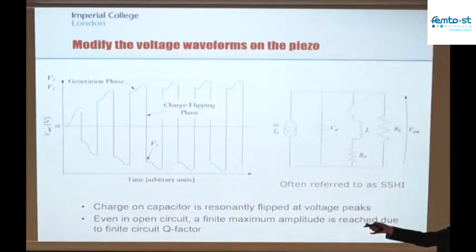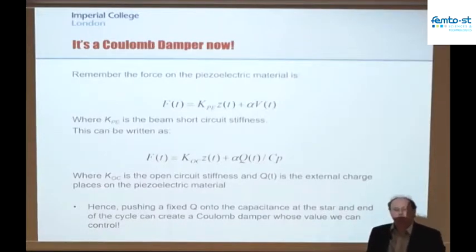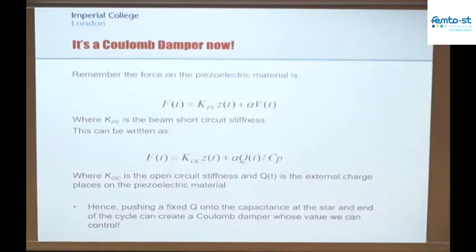The force now has these changes at these discontinuity points here. But actually what you see is that this piezo with this switching scheme now is actually a Coulomb damper. So this is actually a CDRG now. So we can use all the analysis that we've done for the CDRG and map it directly onto a piezo material, assuming that with the piezo we're going to use this SSHI type switching scheme.